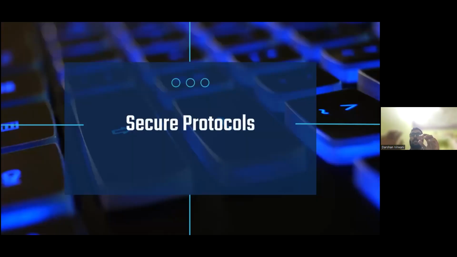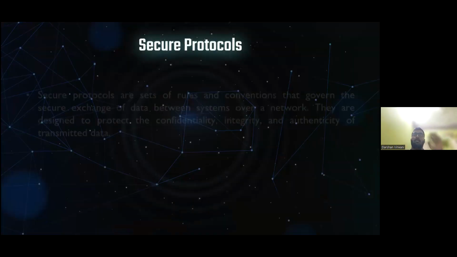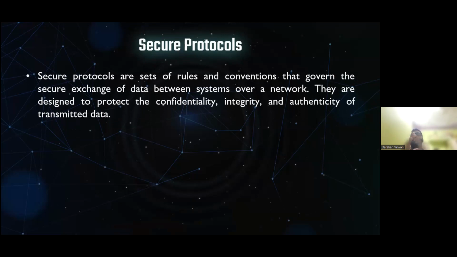Next, our component is secure protocols. What do secure protocols mean? Secure protocols are a set of rules and conventions that govern the secure exchange of data over a network. For example, if we are going to an exam, we know we have to follow certain rules: we have to take a blue pen and write with that pen only.